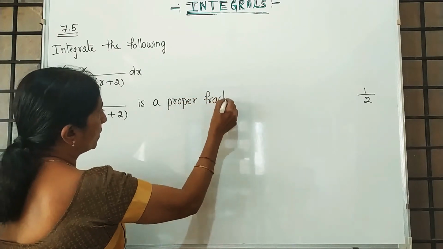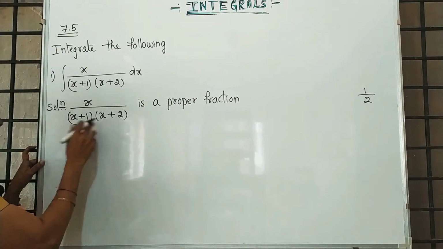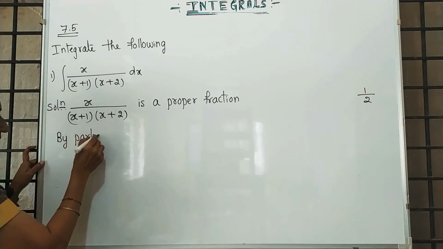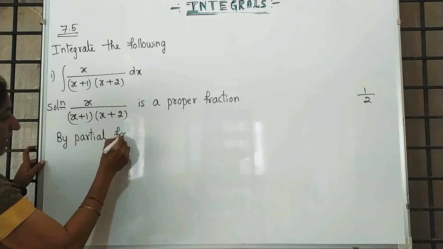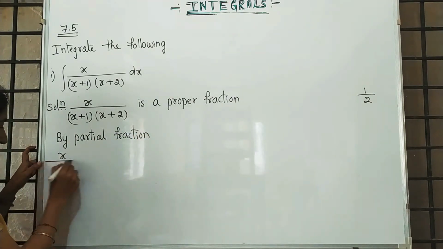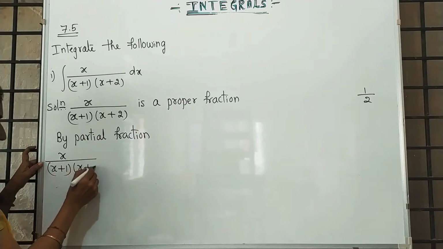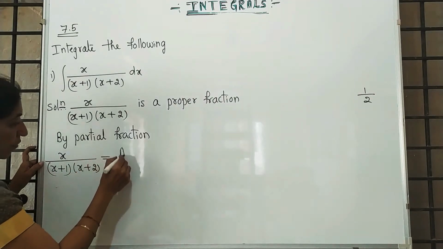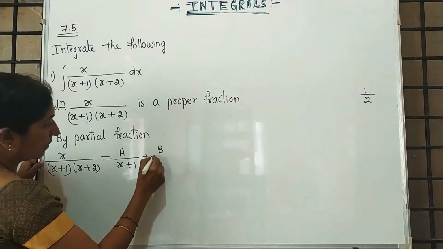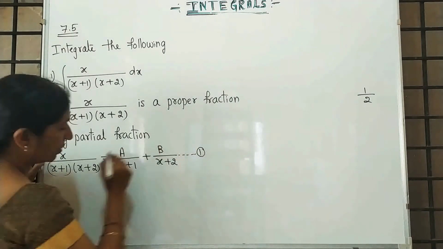It is a proper fraction, and we have two different linear factors. By partial fraction, x upon (x plus 1) into (x plus 2) is equal to a upon x plus 1 plus b upon x plus 2. This is equation 1.